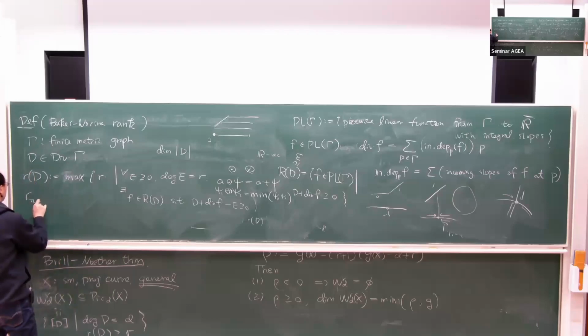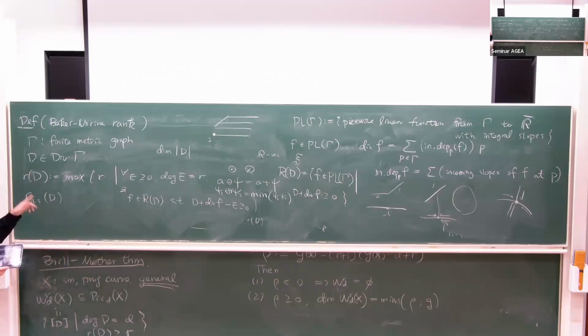For example, TLS stands for tropical linear series. I guess this is closer to what you just said, the size of the minimal generating set. But in general, there are many ranks you can define for divisors on a graph. And here we talk about the Baker-Norine rank, which is defined in this way.